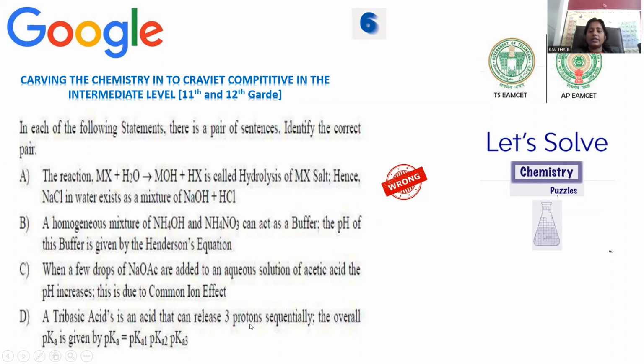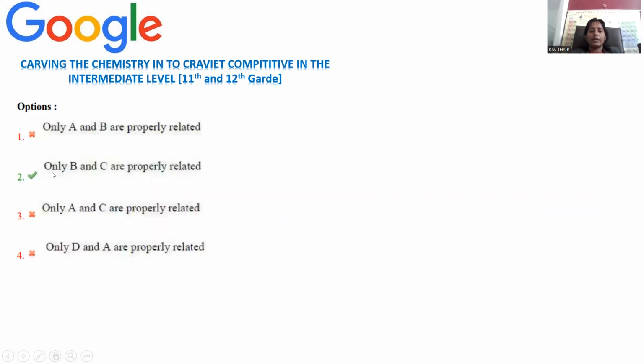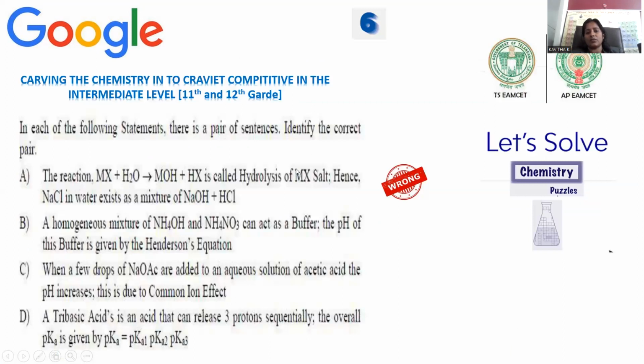Tribasic acid releases 3 protons, correct, but pKa is equal to product of pKa1, pKa2, pKa3 is the wrong one. So we can't put D as the correct answer. Only the correct answers are B and C. B and C are properly related. This will be the right option. Option number 2 is the correct answer for 6th question.